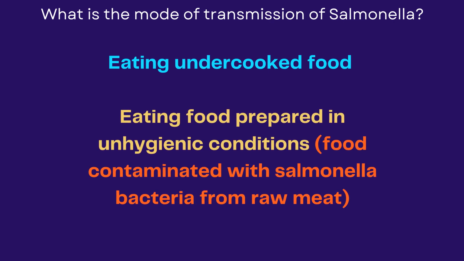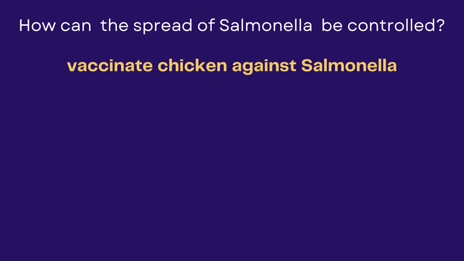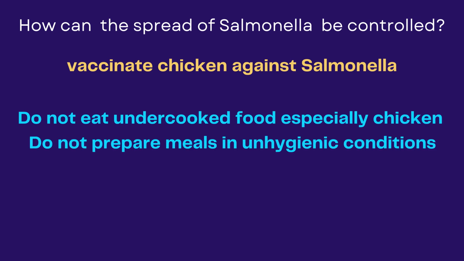Eating food prepared in unhygienic condition. So this food would have been contaminated with the salmonella bacteria. How can the spread of salmonella be controlled? Vaccinate chicken against salmonella. Do not eat undercooked food. Do not prepare meals in unhygienic conditions.